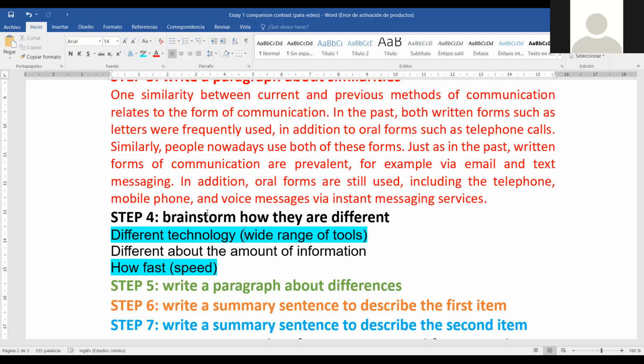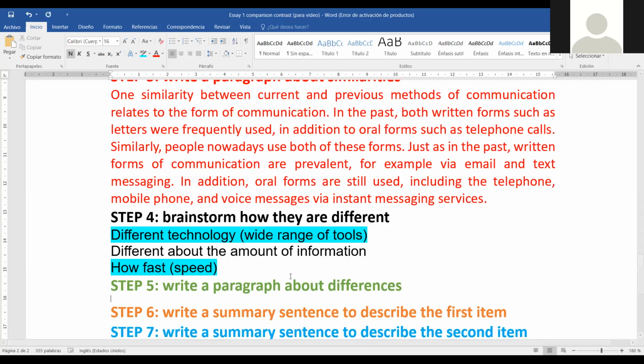You don't have to be very robotic: okay, if I mention one similarity, there is one difference; if I mention two similarities, two differences. However, I have also learned that that's very robotic. How about you mention one similarity and two differences? I don't think there is any problem.